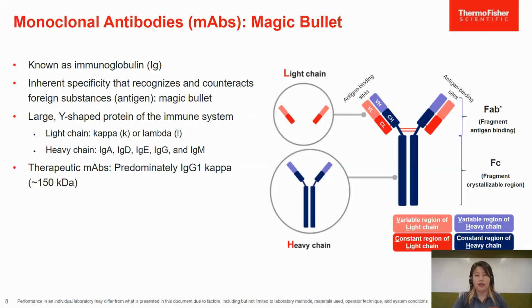That's how the subgroups are typed. And therapeutic monoclonal antibodies, therapeutic mAbs, are predominantly IgG1 kappa type with a size of around 150 kilodaltons. So it's a pretty huge protein.